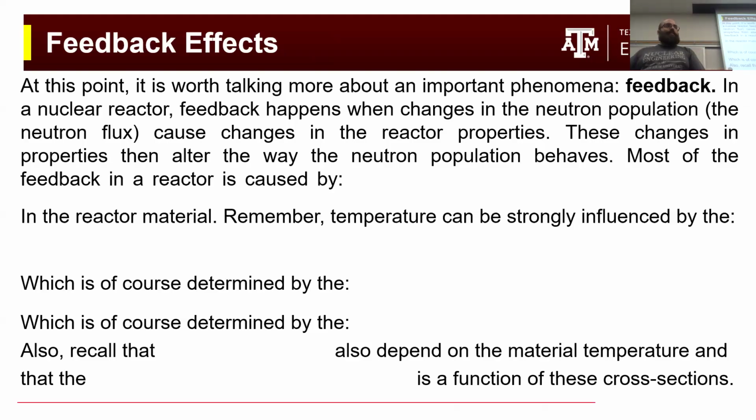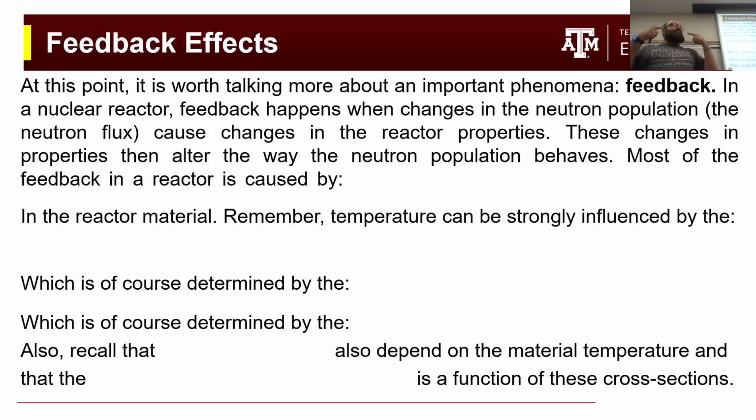When we talk about transients, up to this point, we've ignored something really important, a phenomenon called feedback. In general, feedback happens because a change in the neutron flux changes other reactor properties, and those properties can affect how my neutron population behaves. For example, if I have a reactivity insertion that increases my neutron density, that increases my neutron flux.